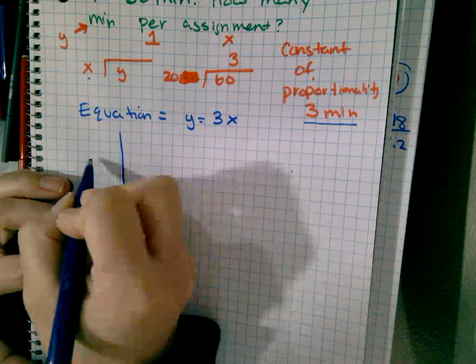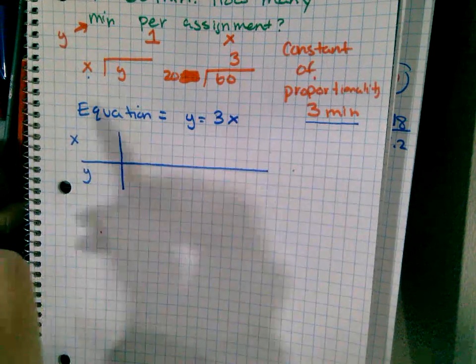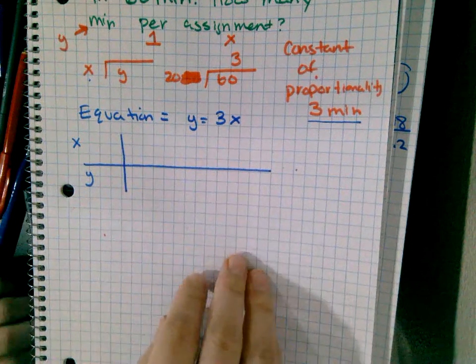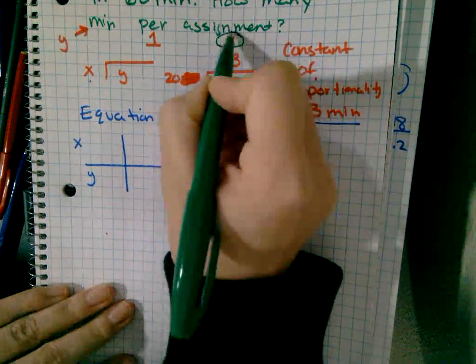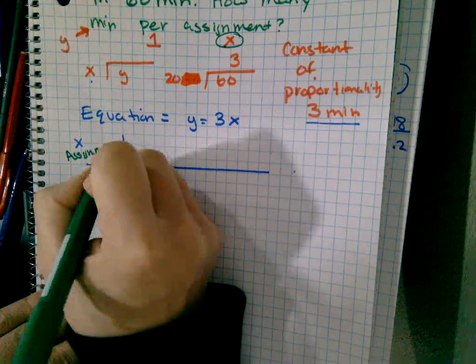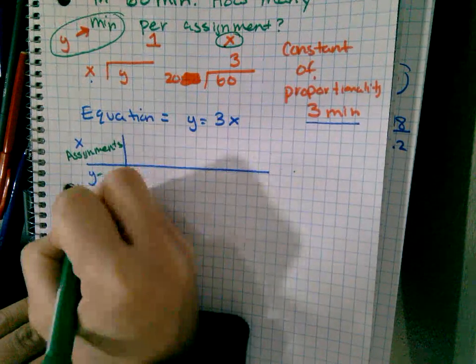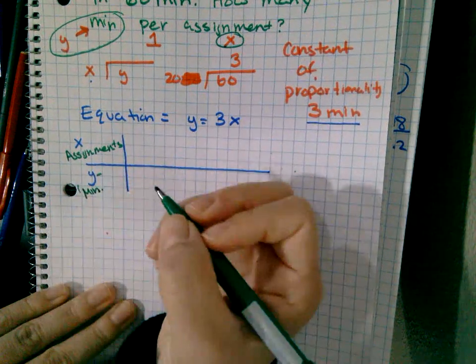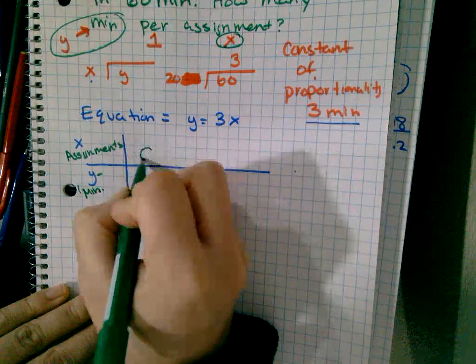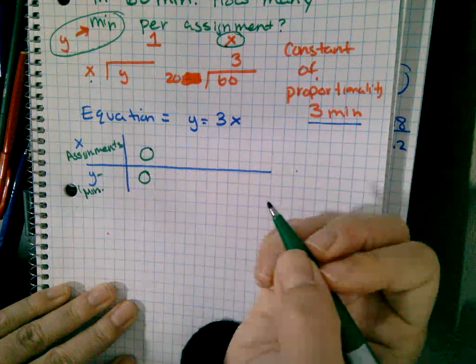In your table, you have x and you have y, right? I've identified what x is. X is up here, and it's assignments. And y, I identified over here, is your minutes. So if I have 0 assignments to grade because you didn't turn anything in, it'll take me 0 minutes.